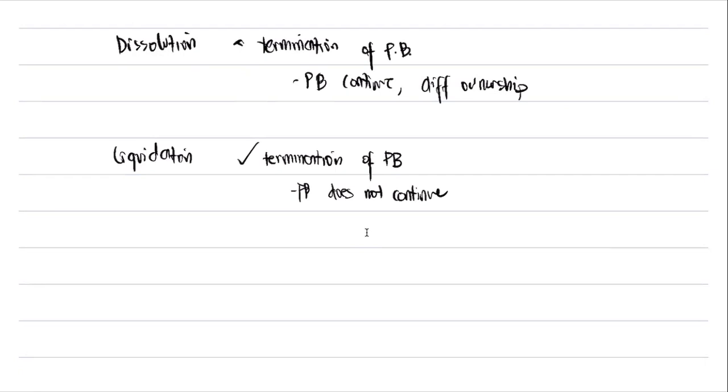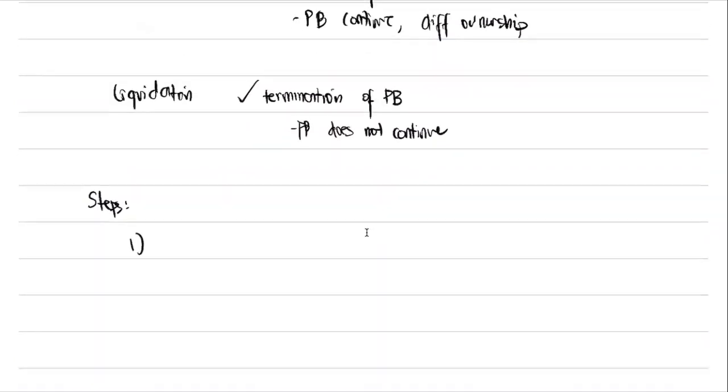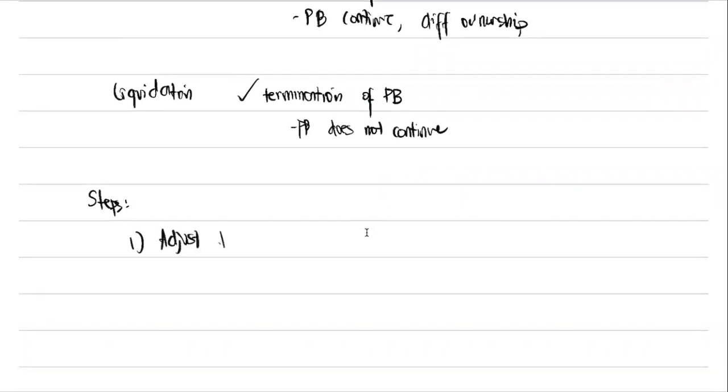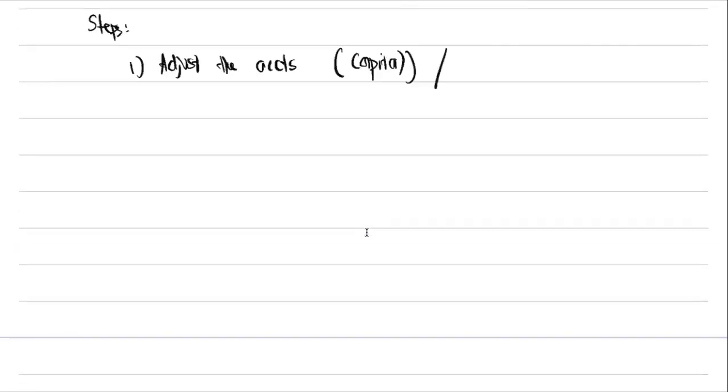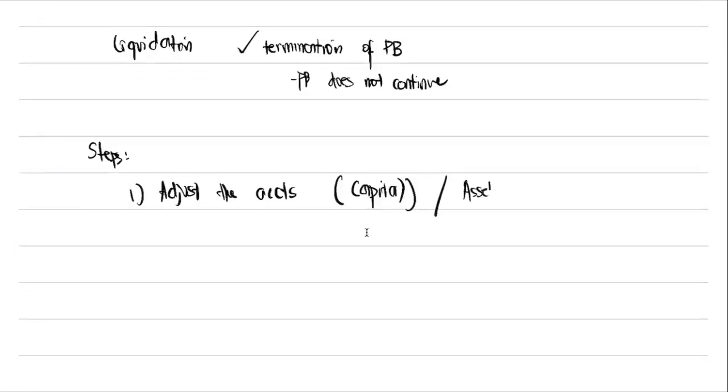Okay, so what are the different steps to account for a partnership dissolution? The following are the steps. First, we adjust the accounts, particularly the partnership capital. Also, we need to look for any accounts, such as your assets, that are either overvalued or undervalued.